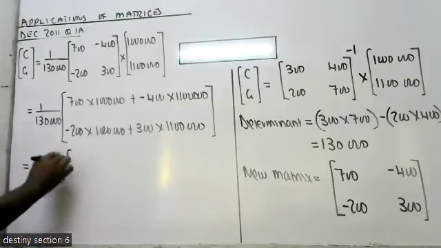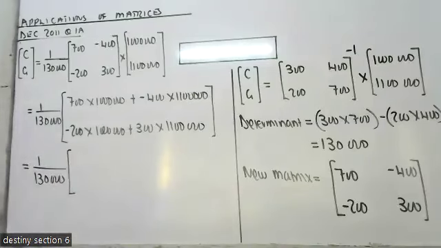And at this point, I consult my calculator whereby I say 700 times 1 million plus minus 400 times 1.1 million, and I'm getting 260 million.